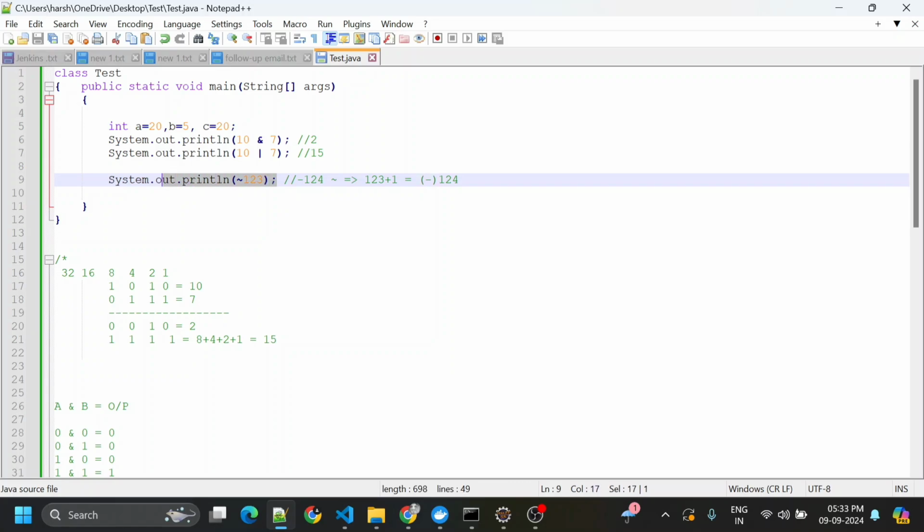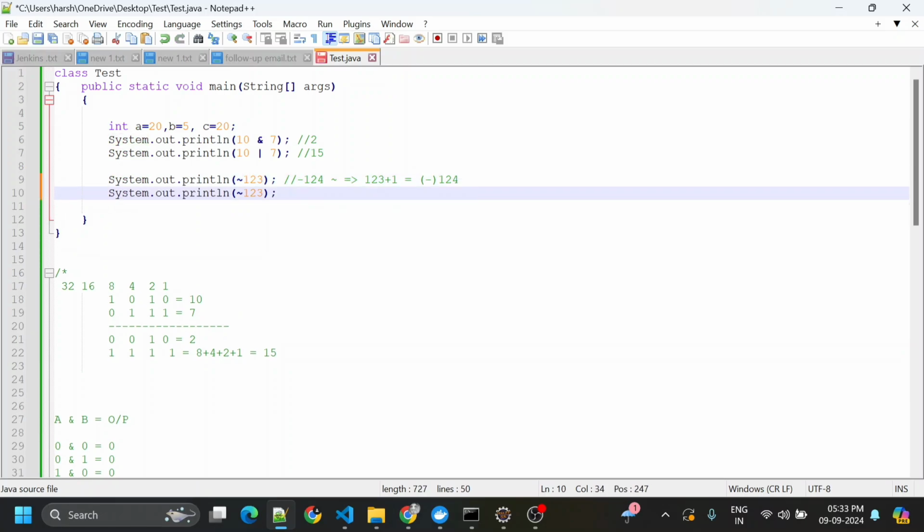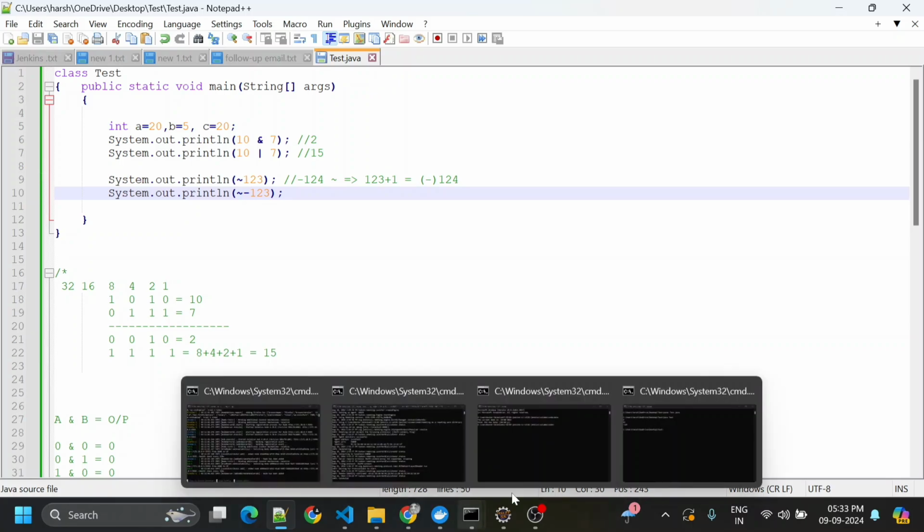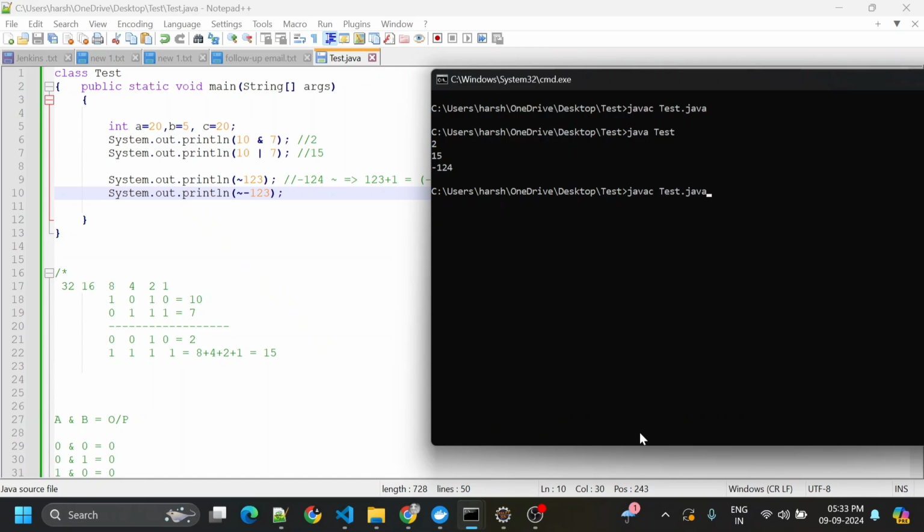And if you do it like this, let me copy it. If I add a minus sign over here, then obviously minus minus will become plus and you will get plus 124.